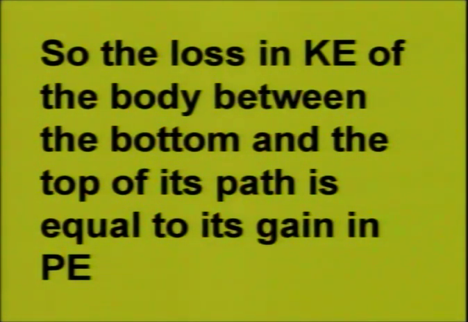Right, for this piece of information, the loss in kinetic energy at the top or at the bottom of the loop will always be equal to the gain in potential energy. In other words, if kinetic energy is lost, it is converted to potential energy, and similarly potential energy is lost to kinetic energy.